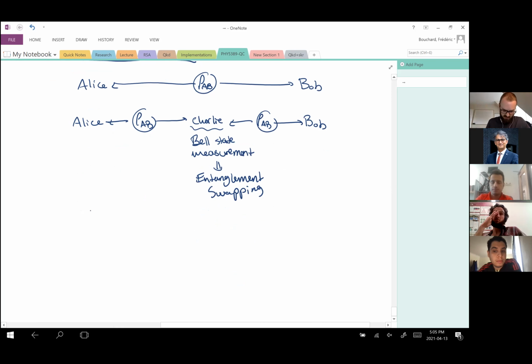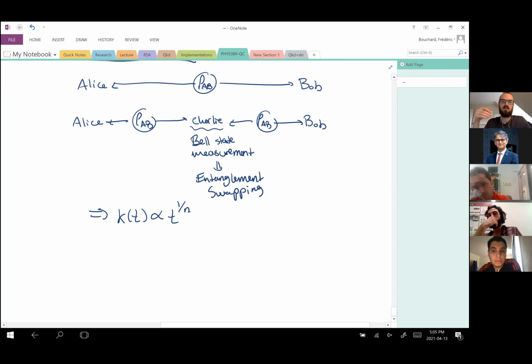The advantage of this is that your secret key rate scales to 1 over n, n being the number of repeaters you have. So the first case would be 1. The second case, that would be 2. But repeaters are tricky because you need quantum memories, and then you need to be able to do entanglement swapping in an efficient way.